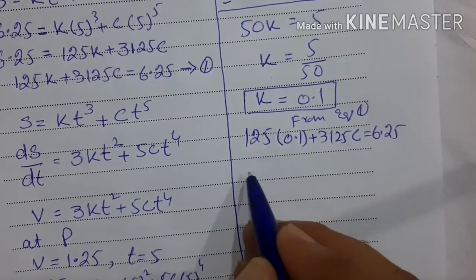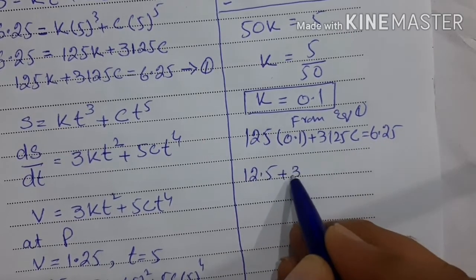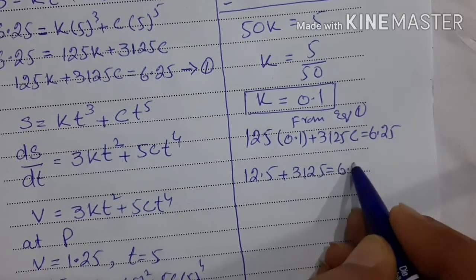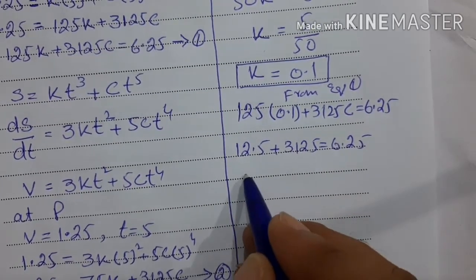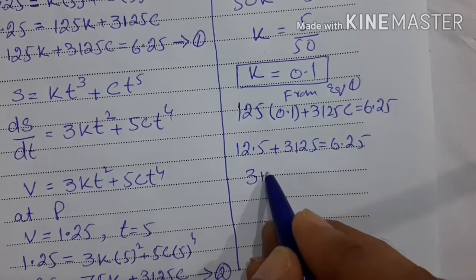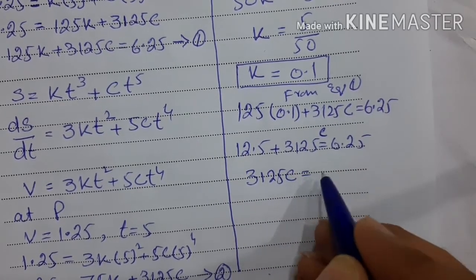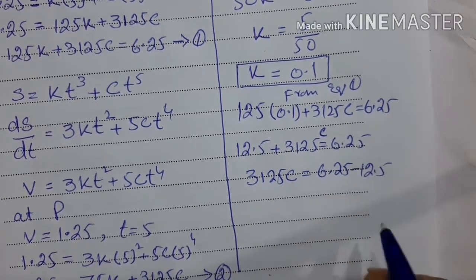So this will become 12.5 plus 3125c is equal to 6.25, or take 12.5 to the other side, 3125c is equal to 6.25 minus 12.5.